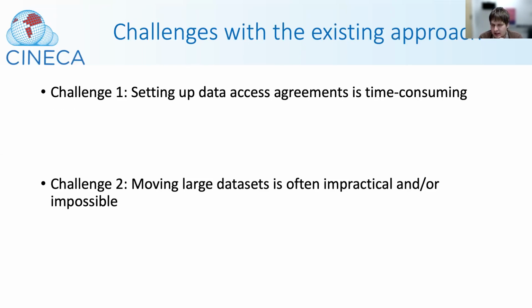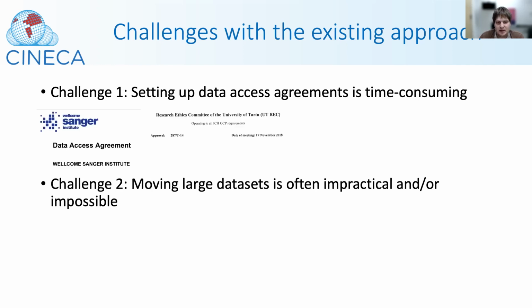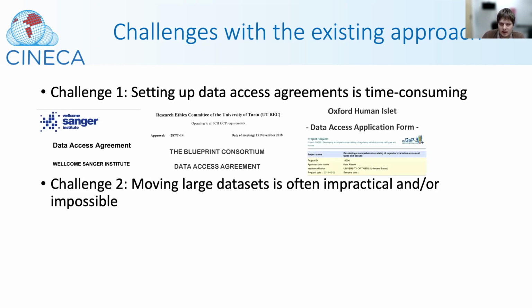So what are the challenges with this existing approach? So the first challenge is that setting up data access agreements is really time consuming. So we've spent a good part of the past 3 years applying for access, writing applications, getting denied and asked for clarification, and finally getting access to these data sets.